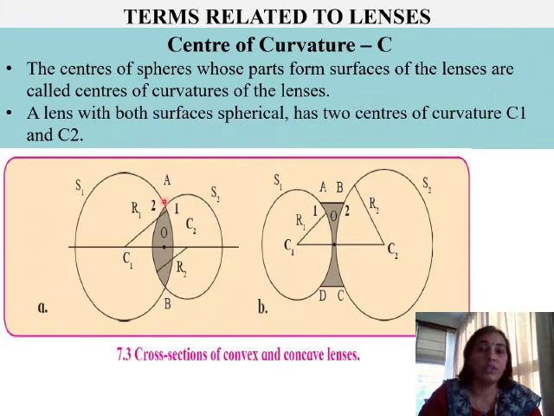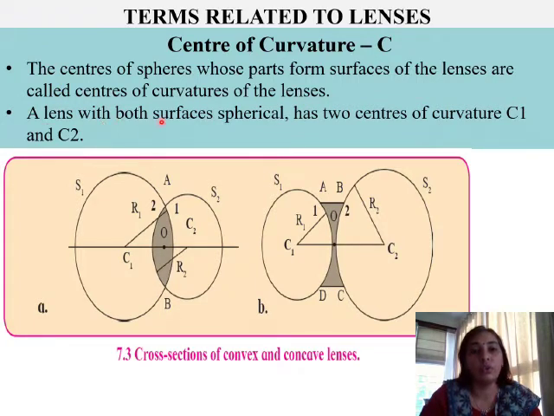And hence we define center of curvature as the centers of the spheres C1 and C2, whose parts form surfaces of the lens. So both these centers, forming parts of the lenses, are called centers of curvature of the lens.